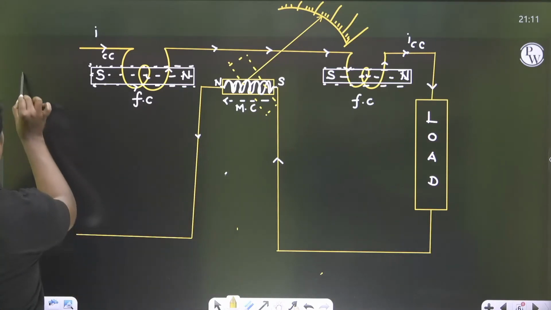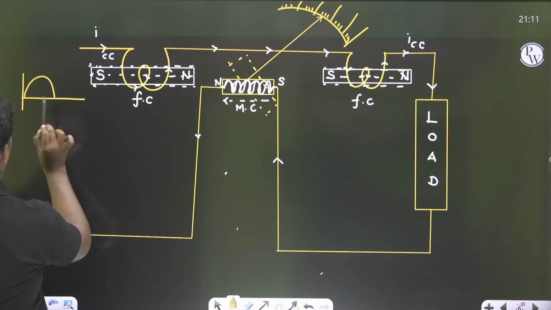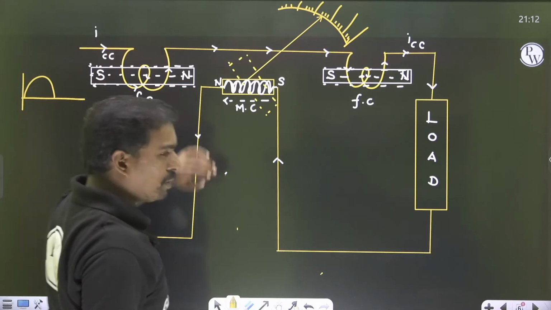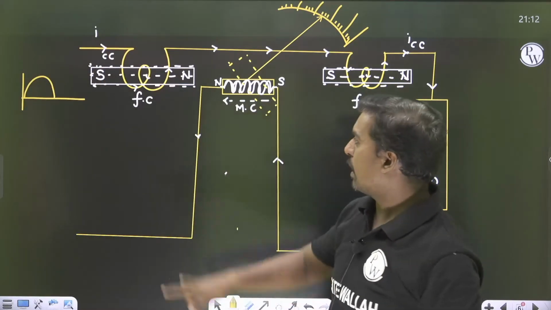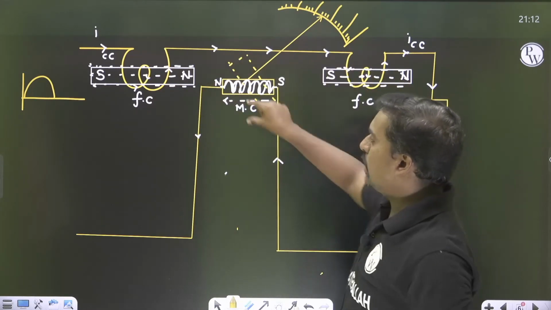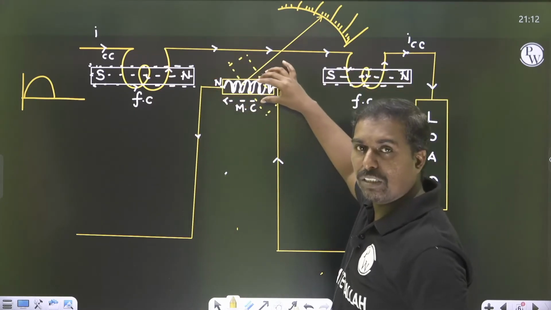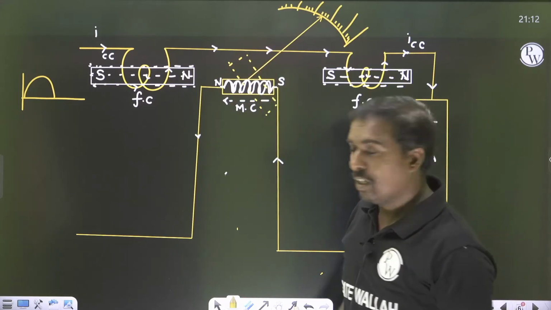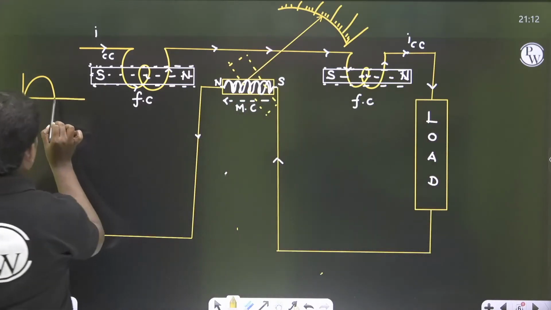For the positive half cycle, there is a deflection, I agree. When the positive half cycle, that means AC current travels, these particular magnetic fields are north pole, south pole, north pole, south pole, and internally this particular moving coil is having some reversal effect, so there is a deflection. But what happens whenever there is a polarity change?